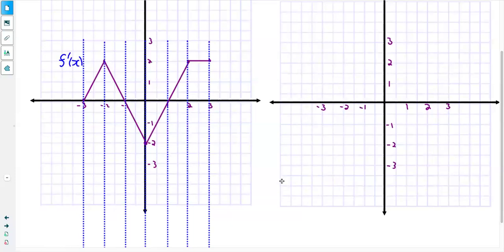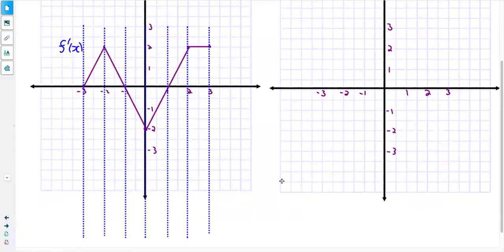Okay, so now that we've done that, I am going to create something like we did with our graphs in the previous section notes as well as on the previous slide. So we'd have f prime of x, we also have f double prime of x, and the general shape of f over that interval.